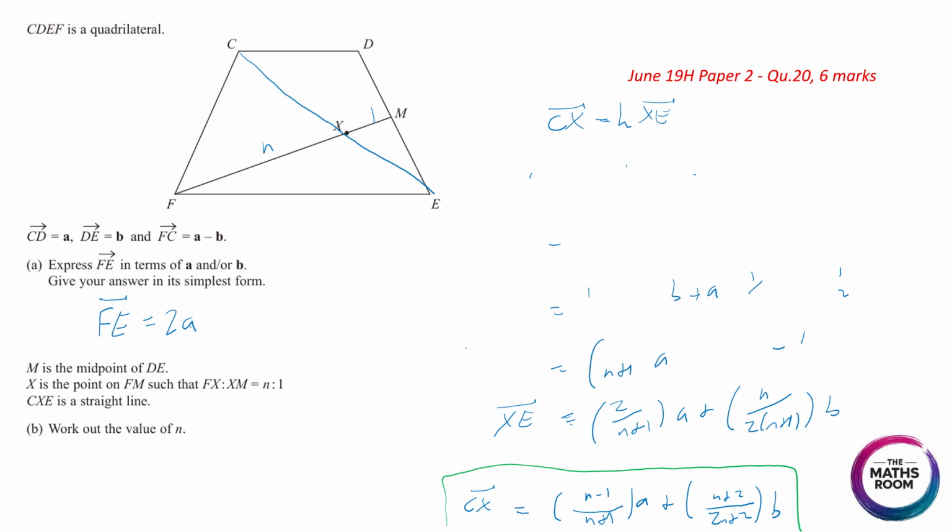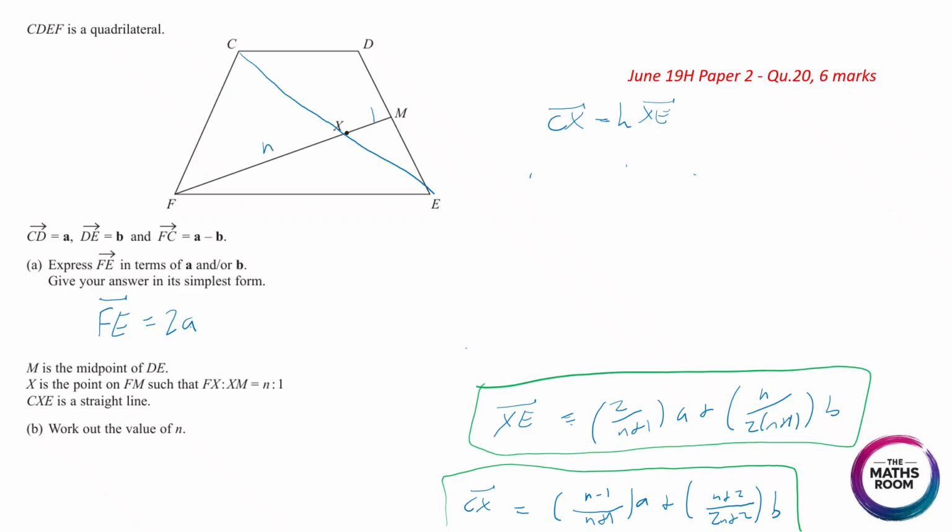Okay, so we're nearly there now, guys. This is the important part. We know that these two vectors are parallel, because they're on the same straight line, sharing a common point. So CX is a multiple of the vector XC. For example, this is how this works, guys.